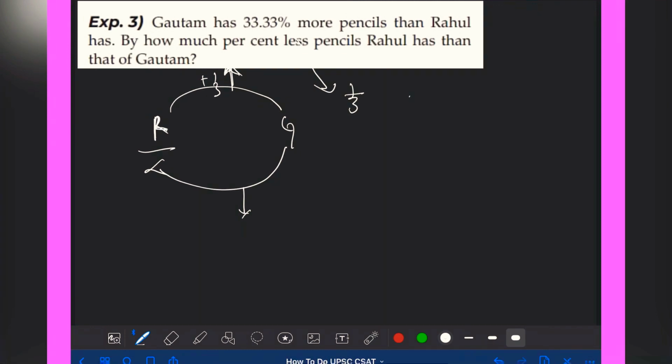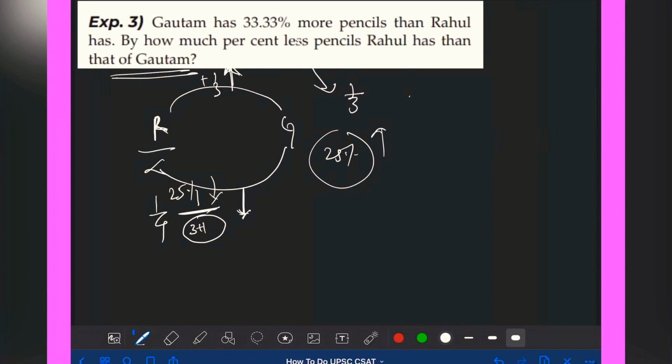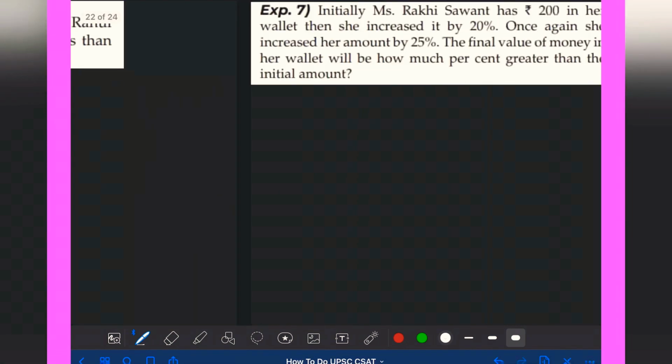So what do we have to do? We have to decrease. For decrease, we have to increase the value of the denominator, and that will happen by 3 plus 1. So this is 1/4. 1/4 means 25% decrease. So Rahul has 25% fewer pencils. Okay, fewer pencils. This is how the bringing back to the original method works.